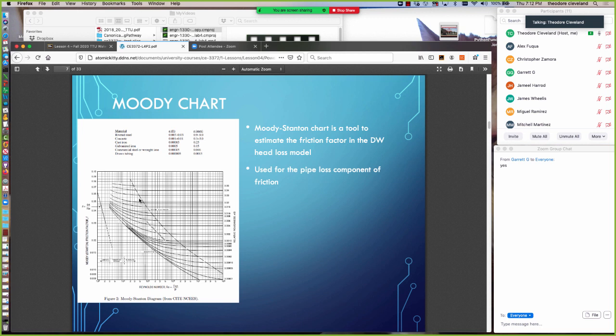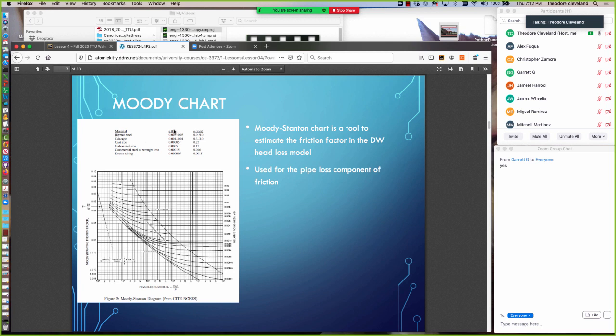To the left of this line and to the right of the laminar region, the lines have curvature, and in those cases the friction factor is dependent on both the material and the Reynolds number, with a notable exception. If the pipe wall is fully smooth, meaning its roughness ratio is essentially 0, it follows this curve down here where the cursor is going, and at that point the friction factor is entirely dependent on the Reynolds number. Okay, that should be pretty clear now.